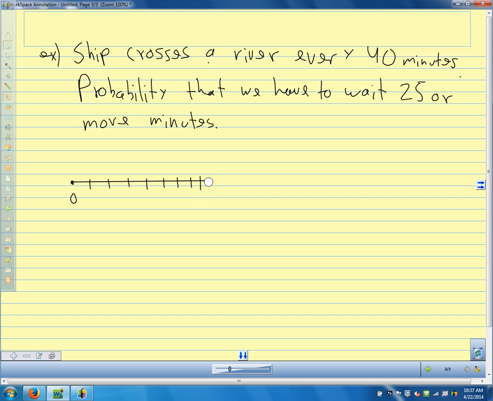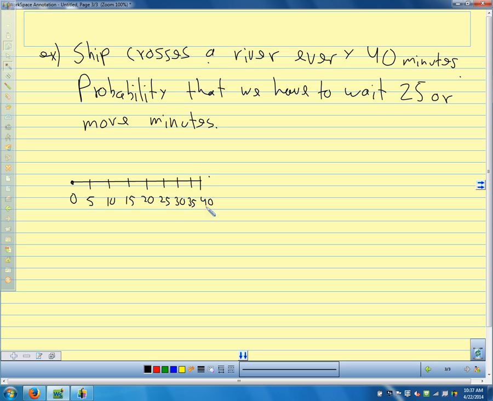So there's 40. So if we arrive right when the ship is leaving, we wait 0 minutes, and if we arrive right when it's already left, we wait 40 minutes.